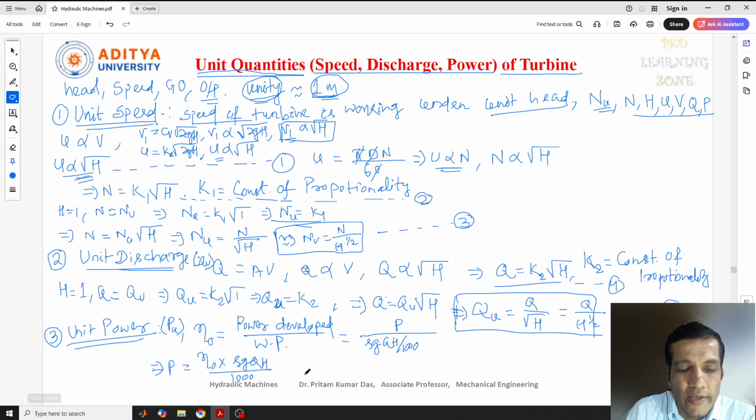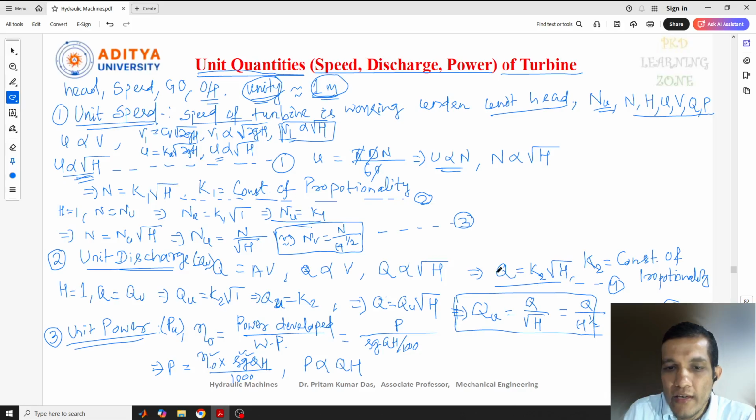Now if you see this equation, how many constants are there? So this 1000 is a constant, and the efficiency is also a constant term. What remains is that P is directly proportional to Q into H.